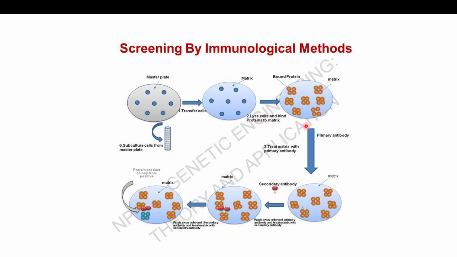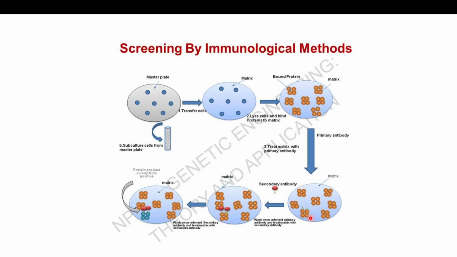And then an antibody which is specific, which recognizes certain residues of our protein of interest or the bound protein. The matrix is treated with primary antibody. Suppose proteins of our interest are present only in this part. See, these V-shaped antibodies are binding here.